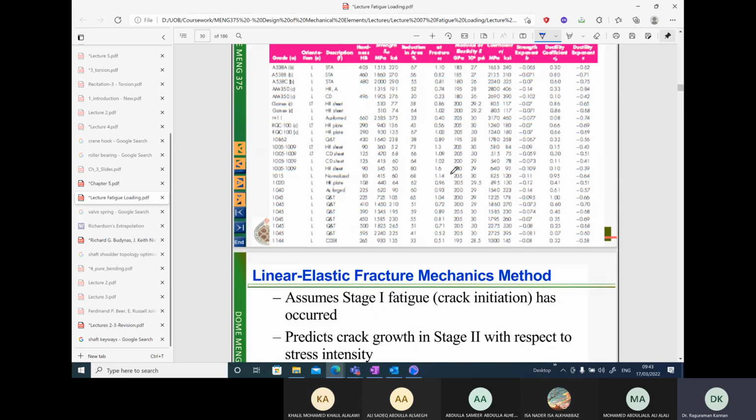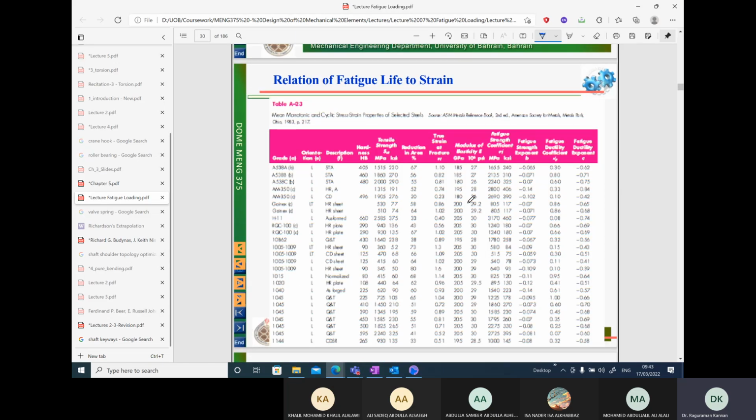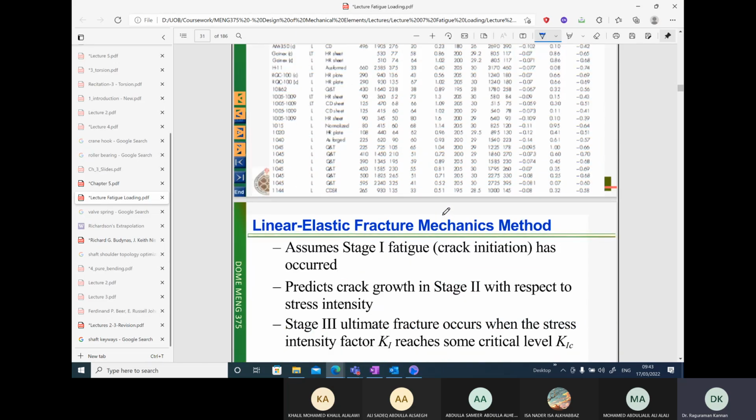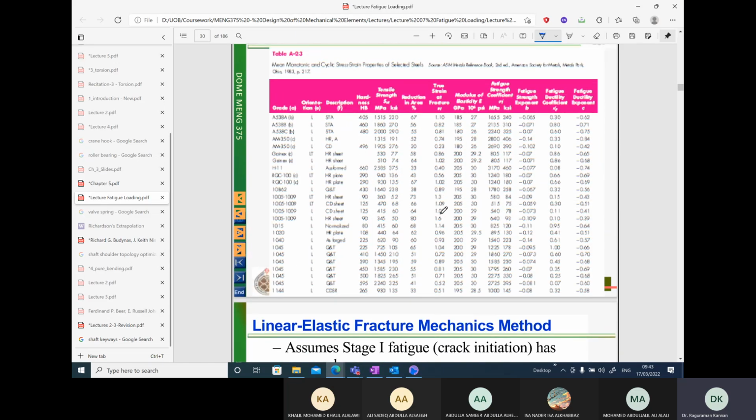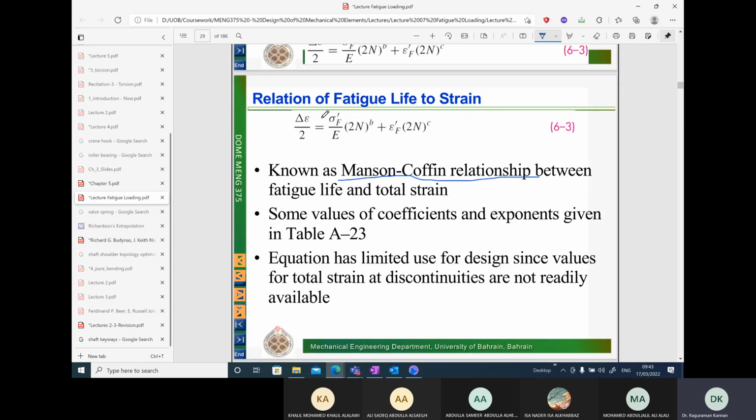Okay, so the same table is given there. Okay, now usually when we design materials using strain life method, this strain, maximum strain in the component cannot be found that easily.